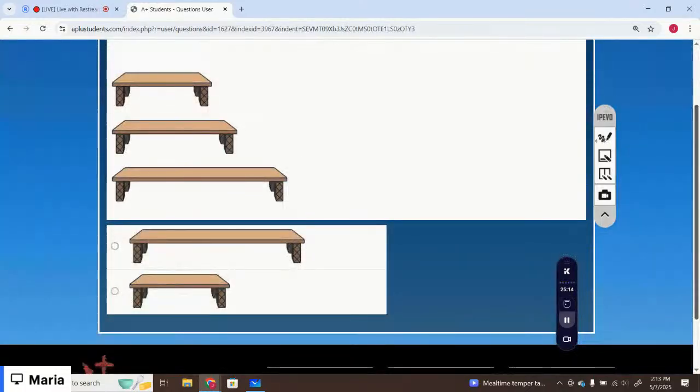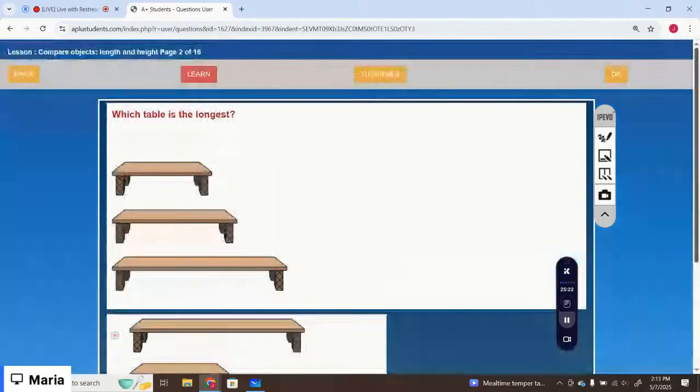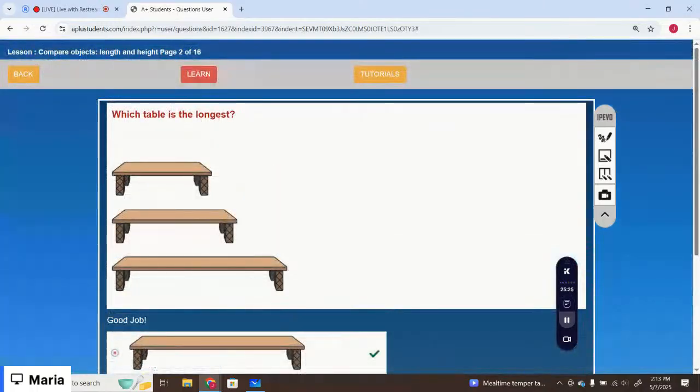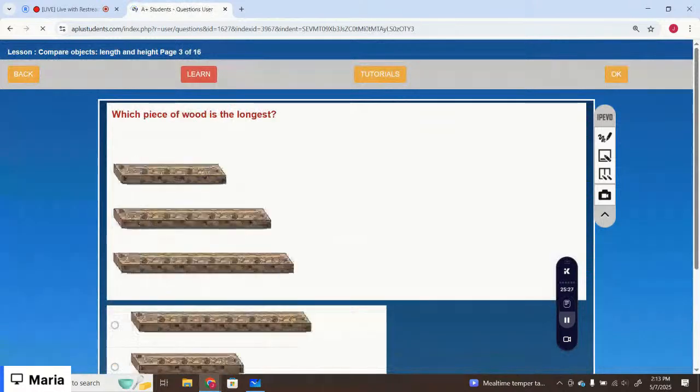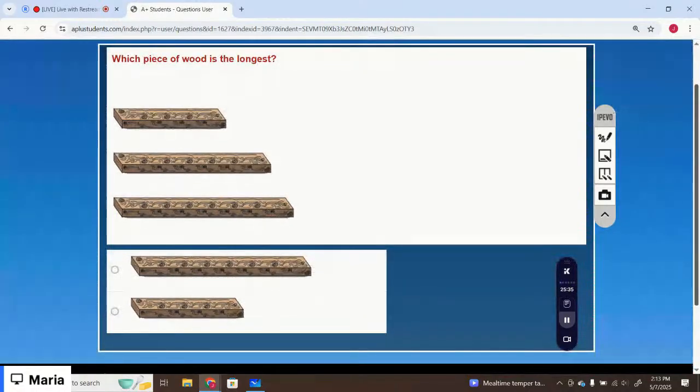Which table is the longest? Option number one is the correct option. That is the longest length. Which piece of wood is the longest?